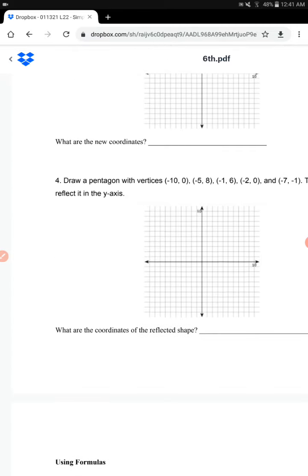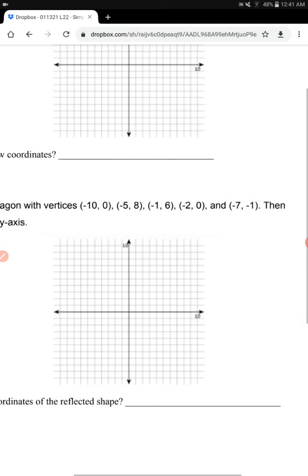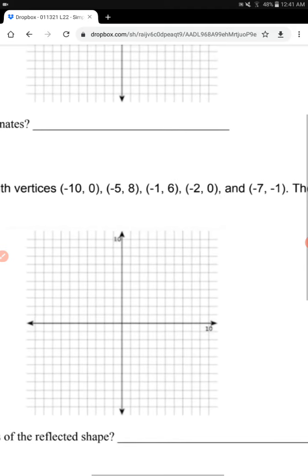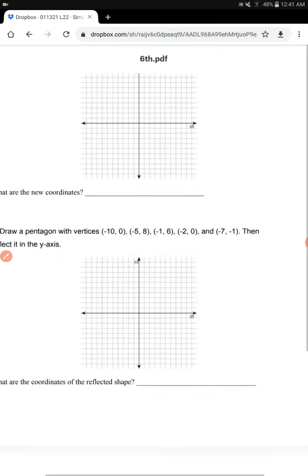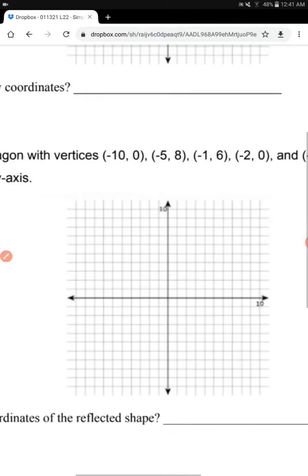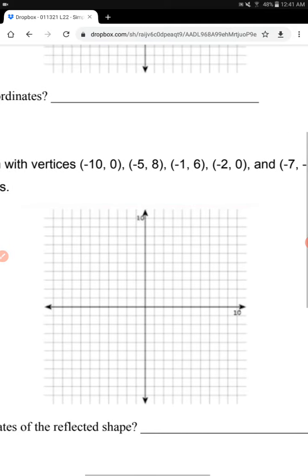Let's go with this one. This one's pretty hard. So the coordinates are, wait, let me see what the question is. Then reflect it in the y-axis. Okay.